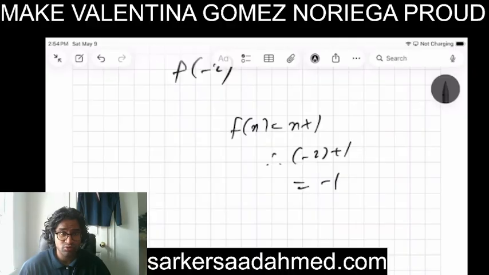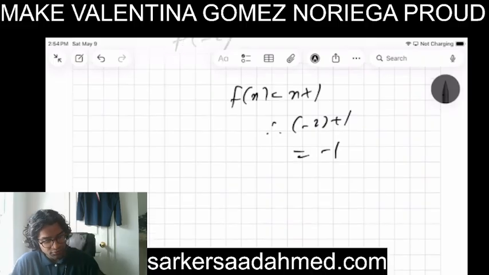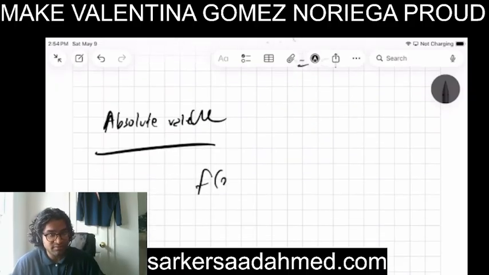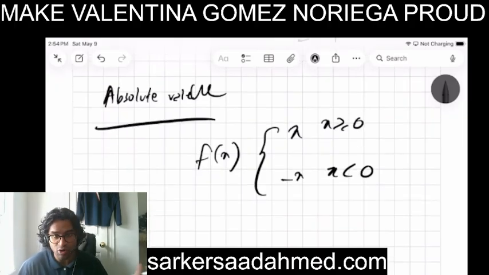We can do two more examples. We're going to do the absolute value example, and we are also going to do the step function. So for absolute value, let's say I have f of x equal to x for x greater than or equal to 0, and minus x for x less than 0. Obviously, absolute value measures distance, so distance cannot be negative.